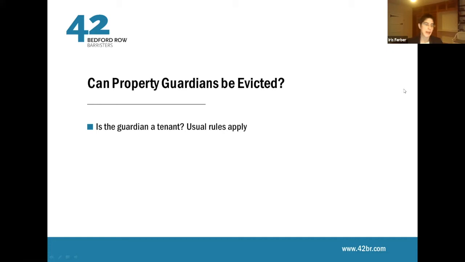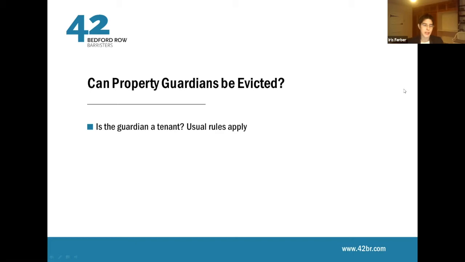And that comes back to the very first point that Natalie mentioned, which is that there is no legal definition of property guardian. A property guardian is simply somebody who lives in a building in order to secure it, who may either be a tenant or a licensee. So, the usual rules apply relating to security of tenure if the guardian is a tenant. And that leads on, of course, to the question, who is their landlord?